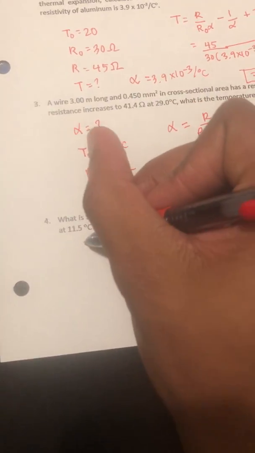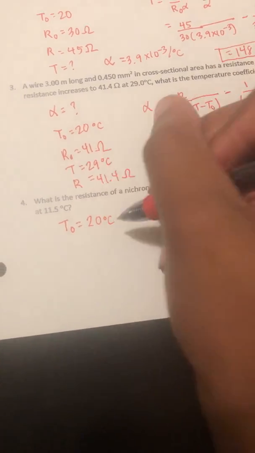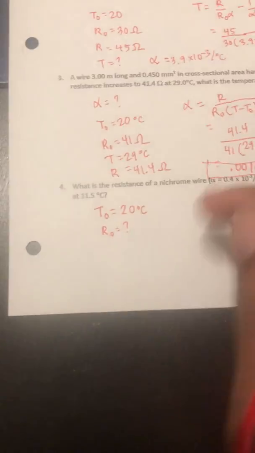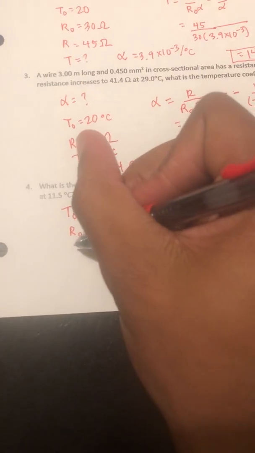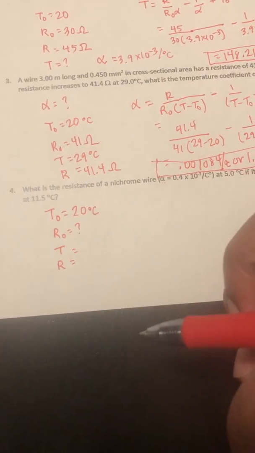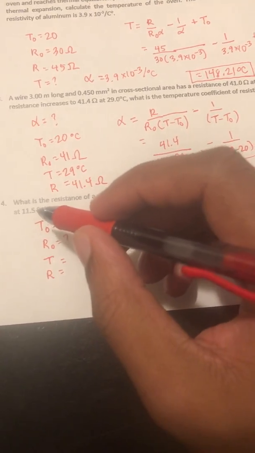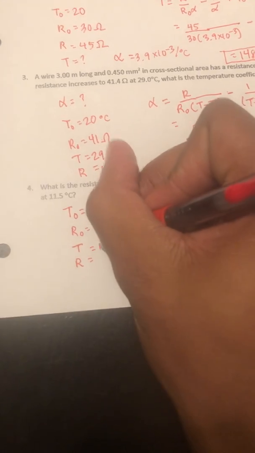So T naught is always 20 degrees Celsius, but I don't know the resistance at 20 degrees Celsius. Now, I'm going to write my T and my R as the temperature resistance pair that I know. Since at 11.5 degrees Celsius my resistance is 140, let me write that down because that's a pair that I know.